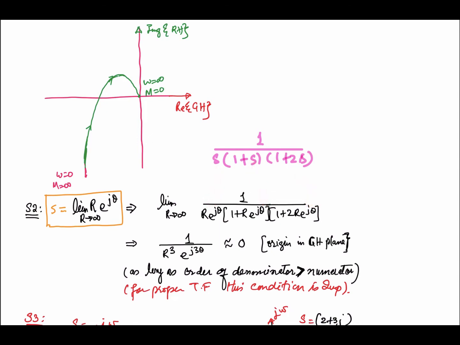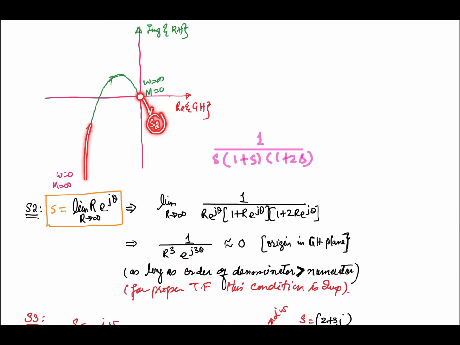So this is going to become 1 by R cube into e raised to the power j 3 theta, and as R is approaching infinity, this will be approaching 0. So how to represent that one? It is simply a point with 0 magnitude, that is the origin in the GH plane. So S2 will be represented by simply a point at the origin.